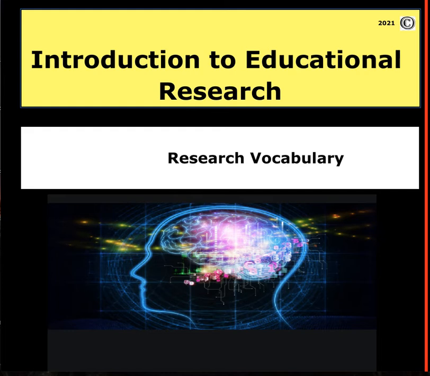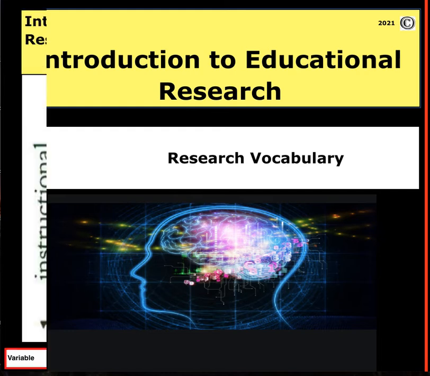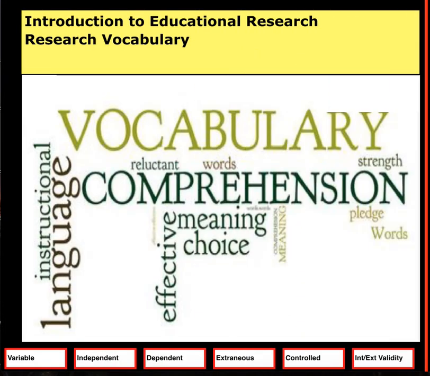Let's take a look at some of the research vocabulary. At the bottom of your screen are 6 terms that are presented in this video: a variable, an independent variable, dependent variable, extraneous or confounding variables, controlled variables, and internal validity.